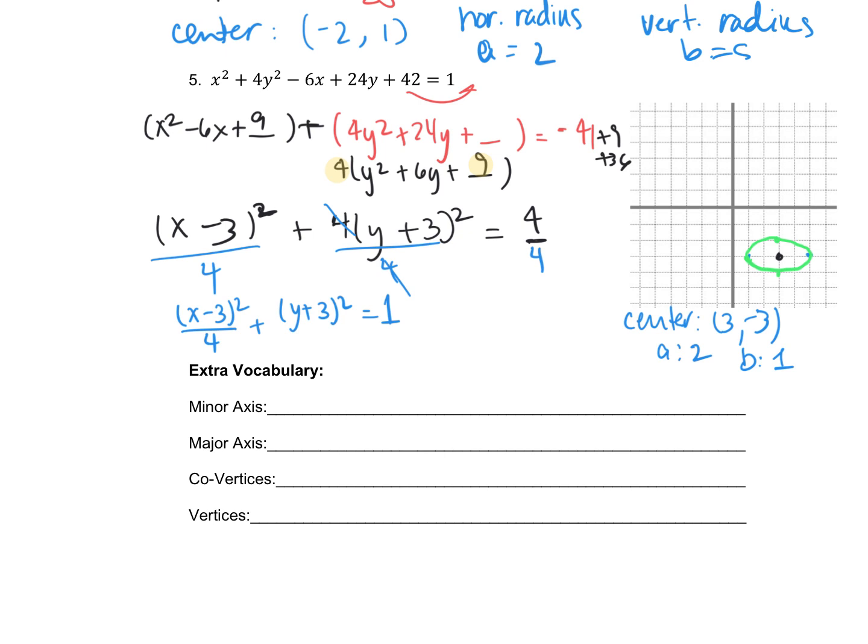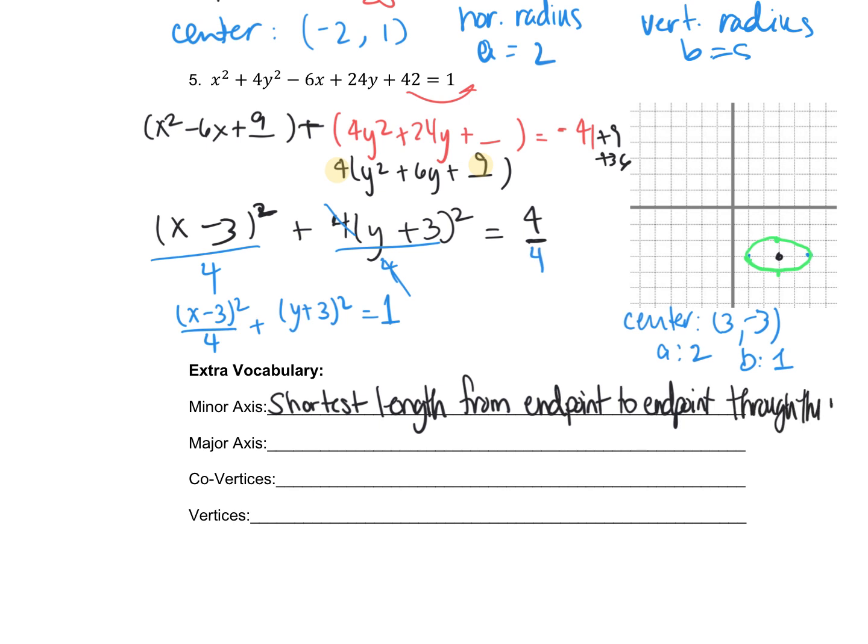The minor axis is actually the shortest length from endpoint to endpoint through the center. Okay, so for here, this would be this for us. And that's the length, so it's the whole measurement.